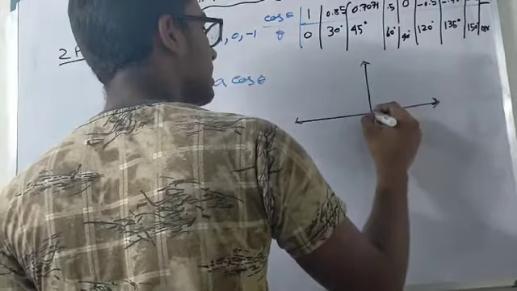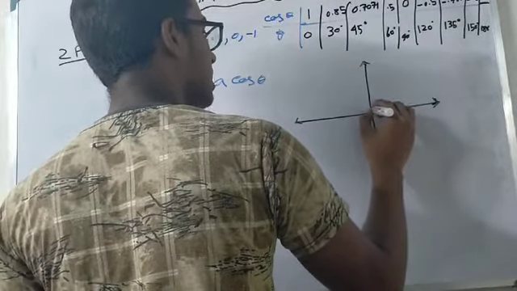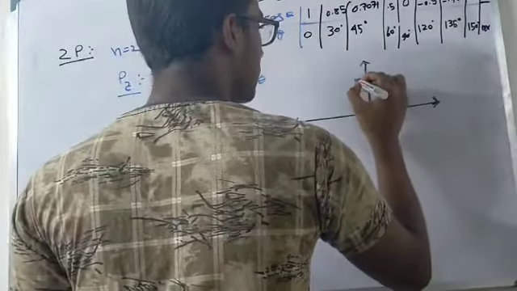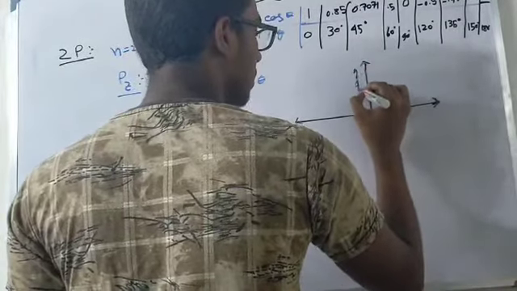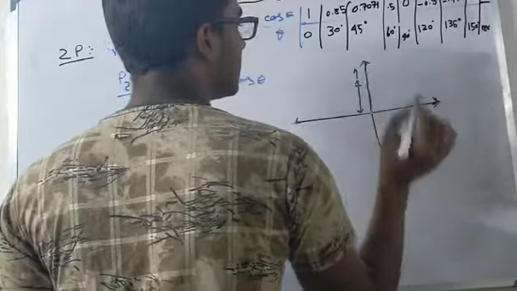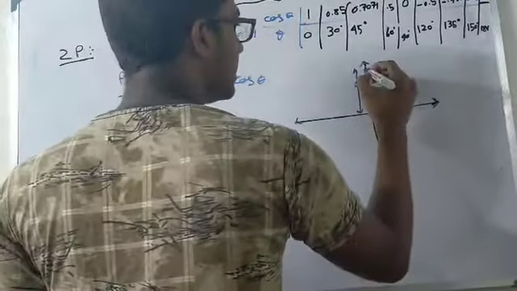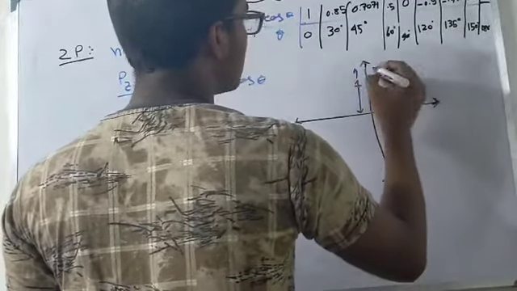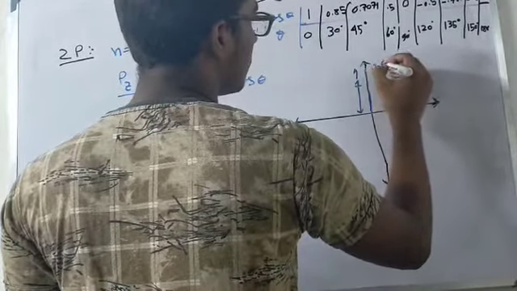I am drawing a line along this reference line, and this distance is unity. So this is 1 and the angle is 0, so this is the point (1, 0).